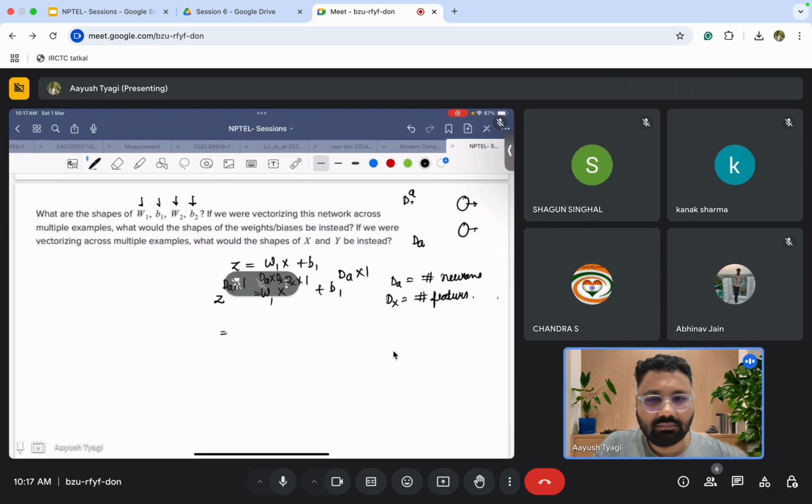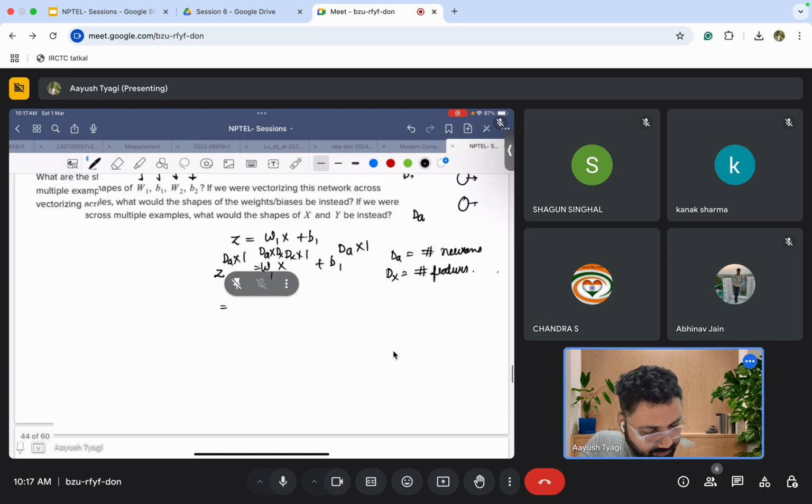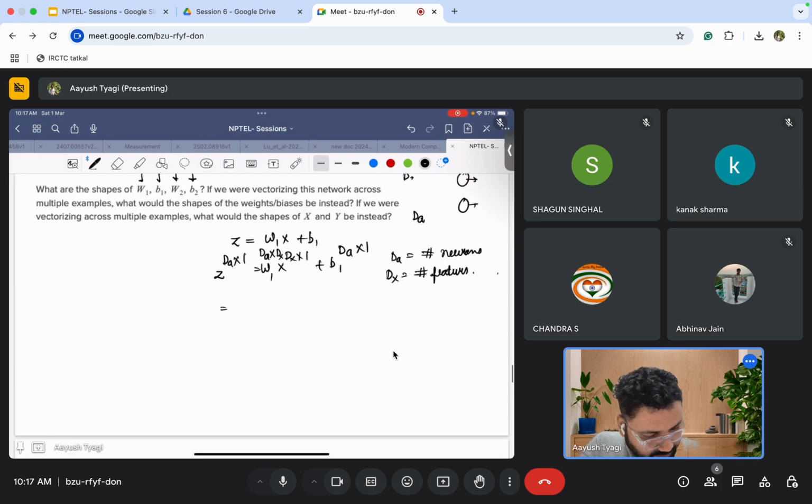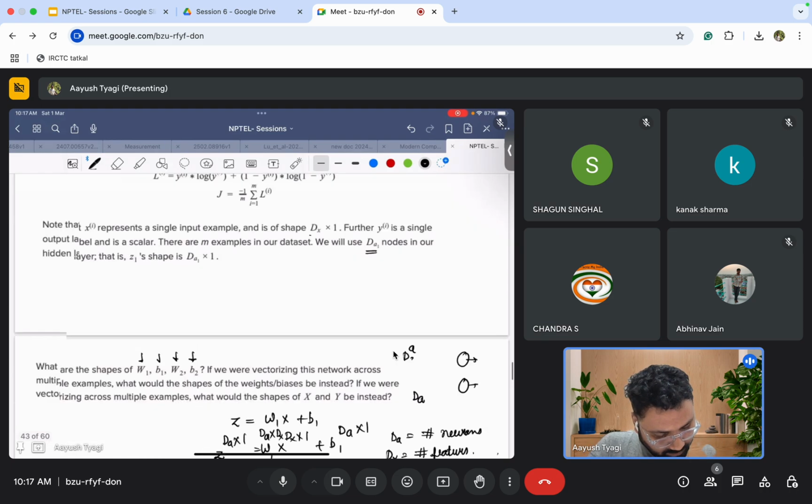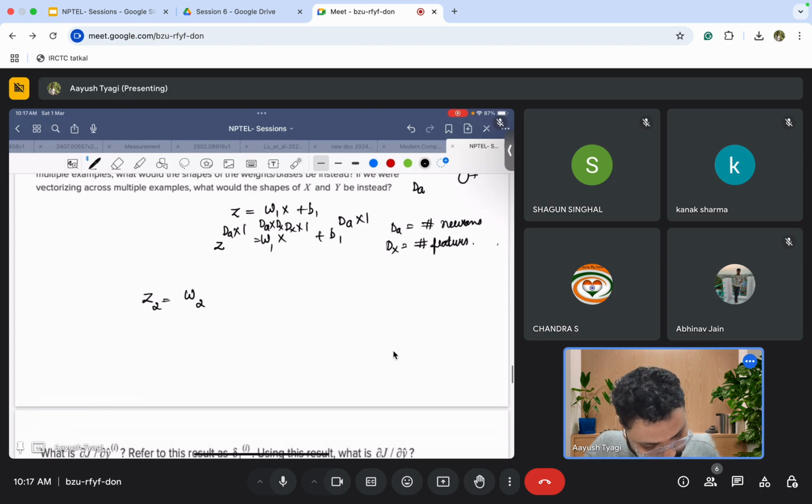Okay, great. Let's move to Z2, which is W2 times A1, coming here, plus a bias term.